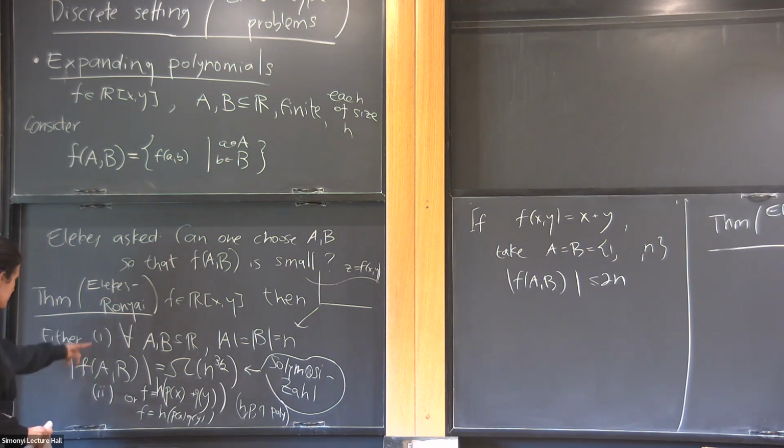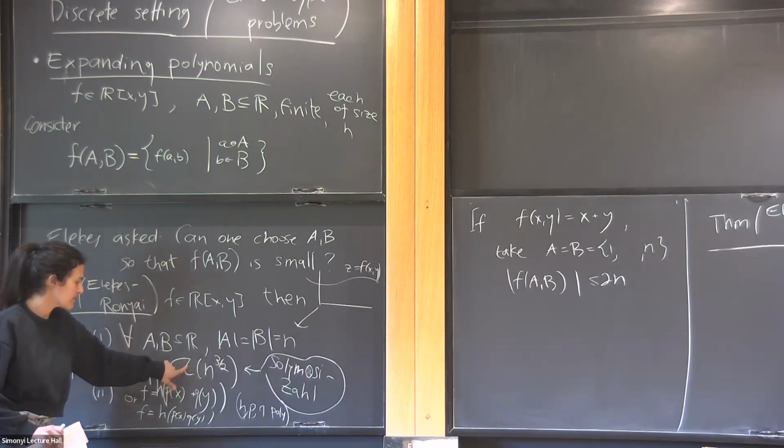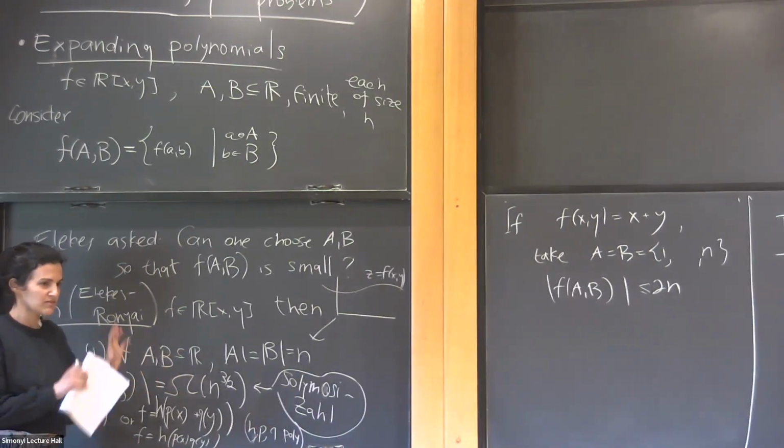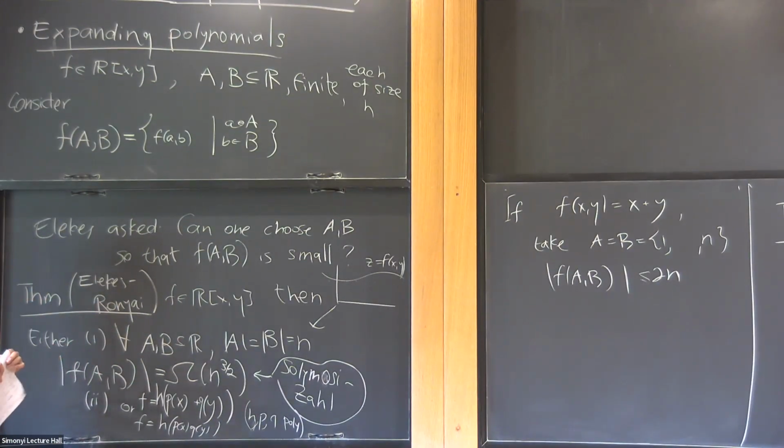You're asking about the first half. The first one is for any choice of A and B, but here it means a constant times n to the 3/2. So the constant can be large enough so that the degree wouldn't make any difference. So the idea is for large n.